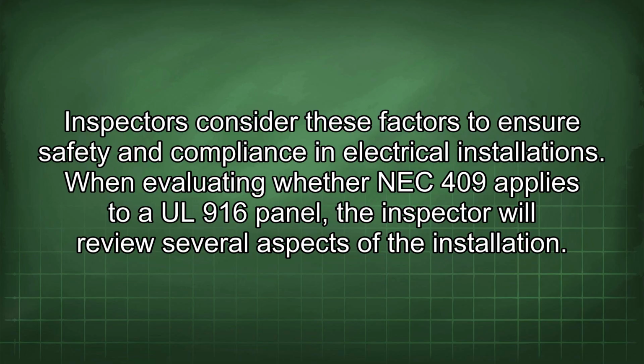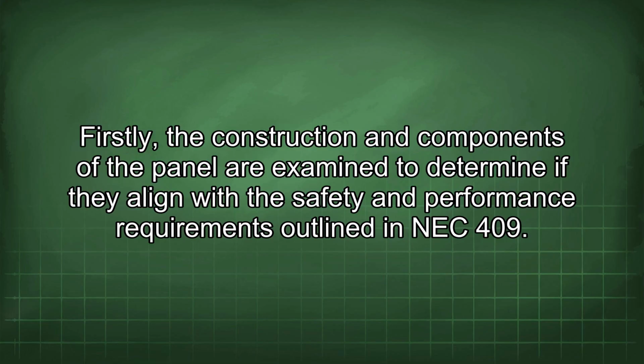When evaluating whether NEC 409 applies to a UL 916 panel, the inspector will review several aspects of the installation. Firstly, the construction and components of the panel are examined to determine if they align with the safety and performance requirements outlined in NEC 409.